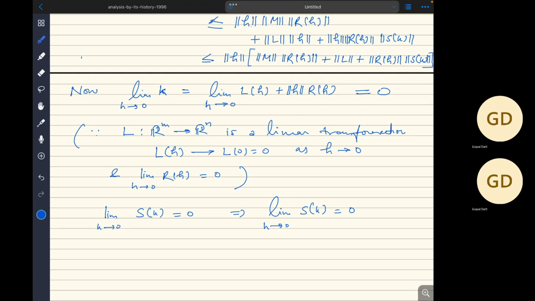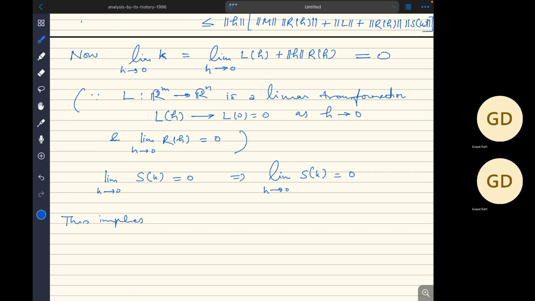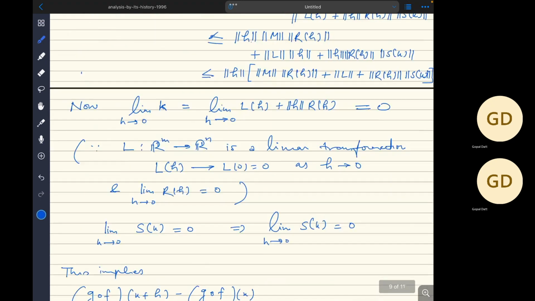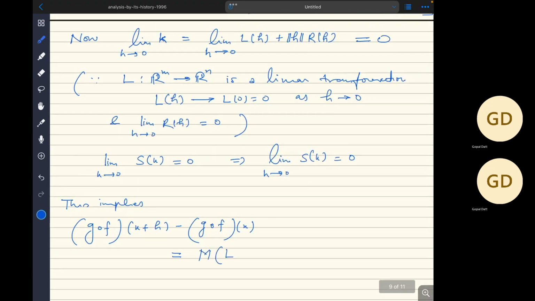So this implies what we get is the following. We get G∘F(x+h) minus G∘F(x), let me see above, equal to M(L(h)) plus o(norm h).